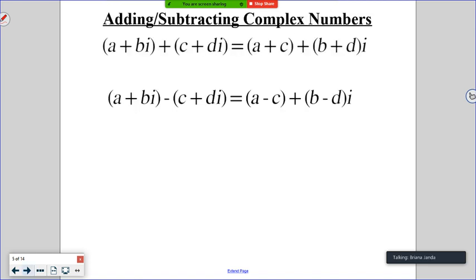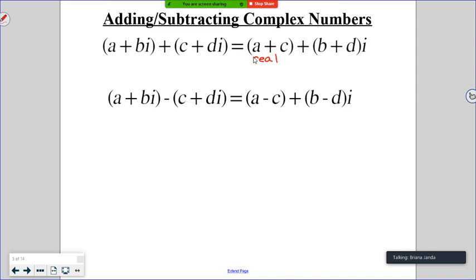When we are working with adding or subtracting, it is no different than what you saw on page 1. So when it's adding and subtracting, you really can just look at the i part of it as an x and treat it like terms. I know this makes it seem a little more complex up there, but if we have a complex number a plus bi and then a second complex number c plus di, you just match the real numbers together, the a and the c, and add those.